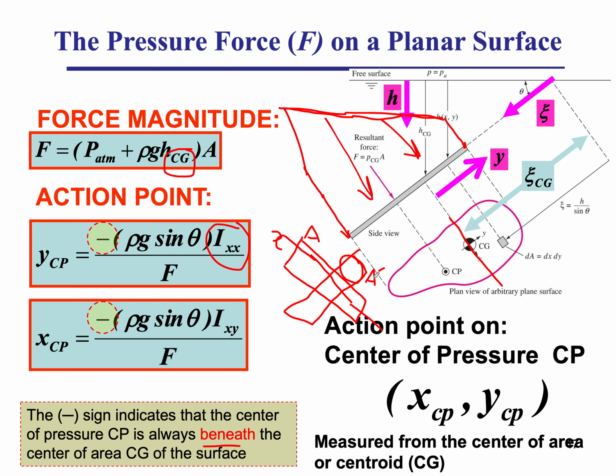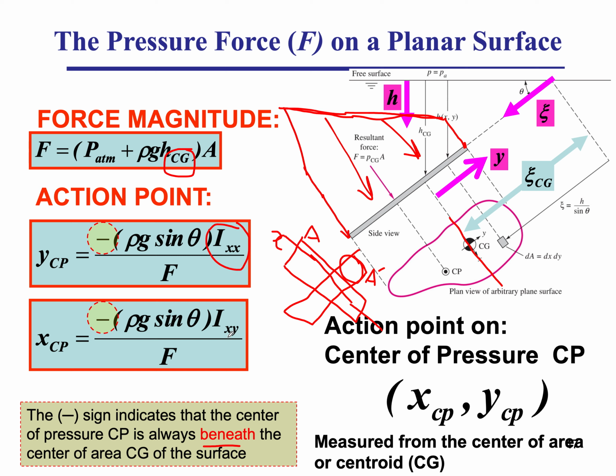So area A prime would have a higher moment of inertia than A. It would have more resistance to rotation around the x-axis. A prime is more resistant to rotating around the axis x than area A.